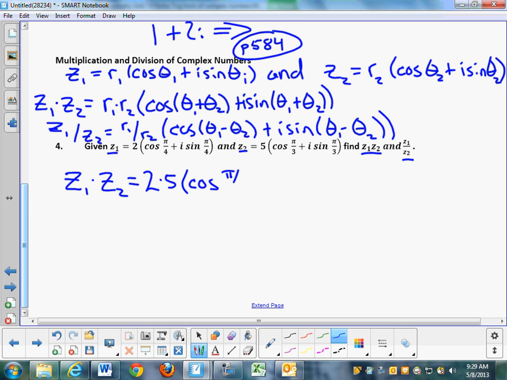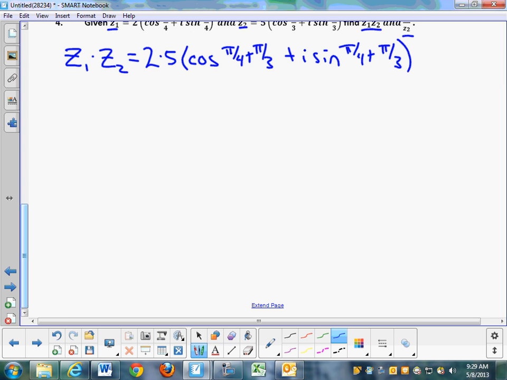So I'd have pi over 4 plus pi over 3 plus I sine of pi over 4 plus pi over 3. Now we just figure out what that is. What's 2 times 5? 10.